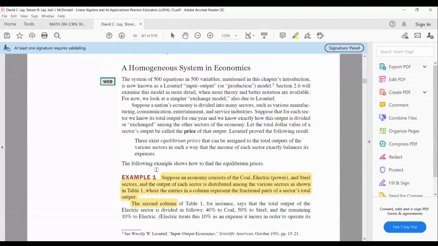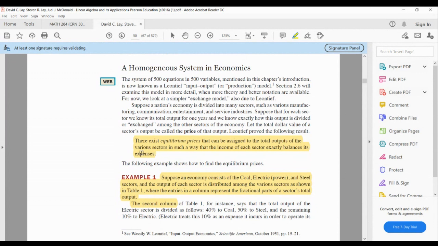This problem deals with finding what are called equilibrium prices. Equilibrium prices in an economy means that the total outputs of the sectors balance the income of each sector. So everybody breaks even, basically.